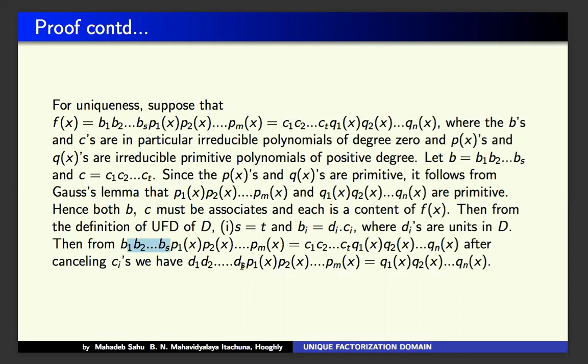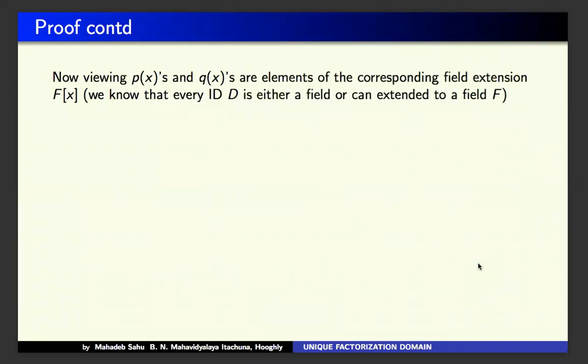Therefore, D1 up to Ds times P1(x) up to Pm(x) equals Q1(x) up to Qn(x), all in multiplication form. So what does it imply? Now, viewing the Pi(x)'s and Qi(x)'s as elements of the corresponding field extension. If you find it in Z, then you can find it in Q[x], because we have a sense of division.